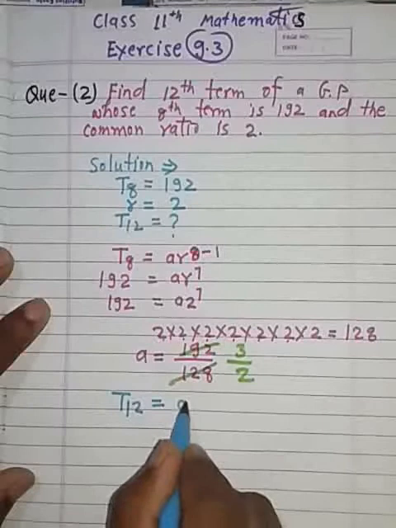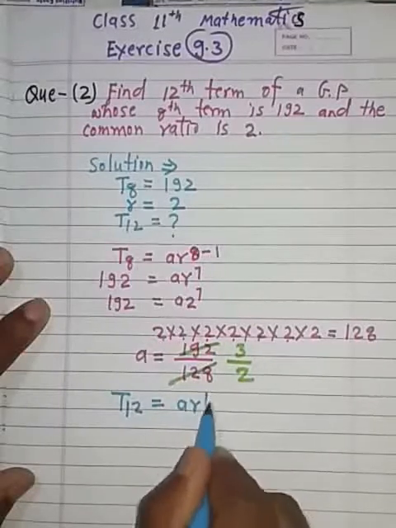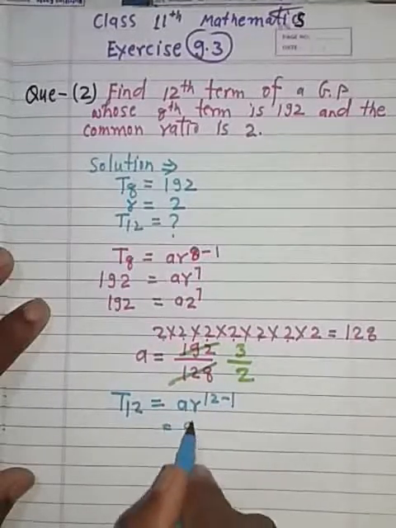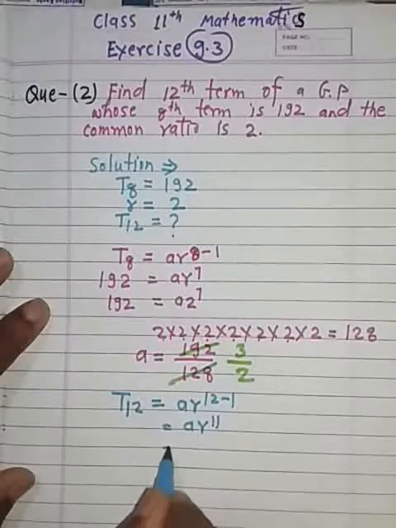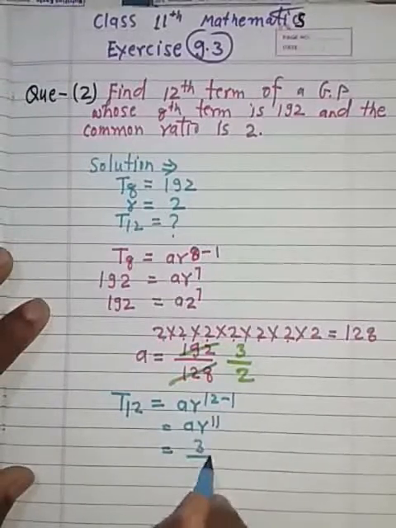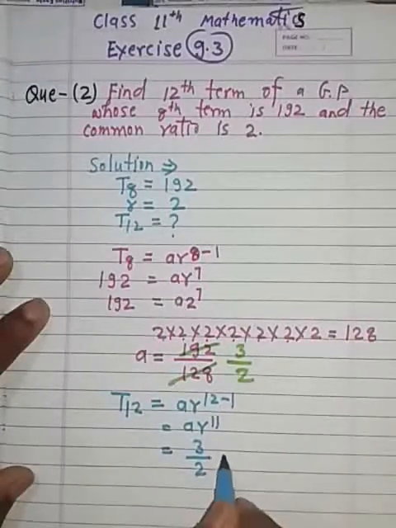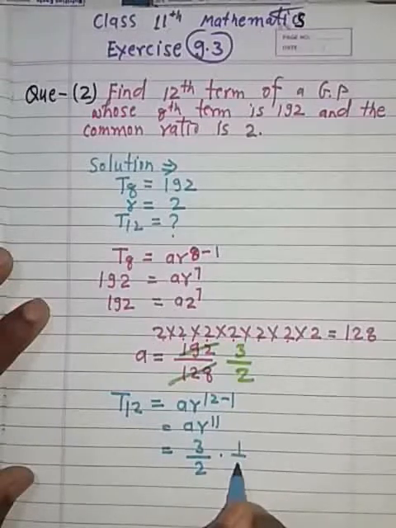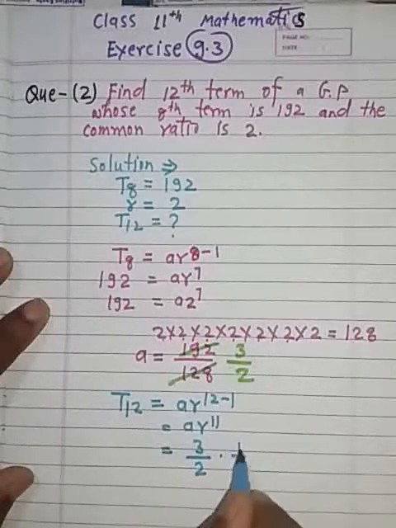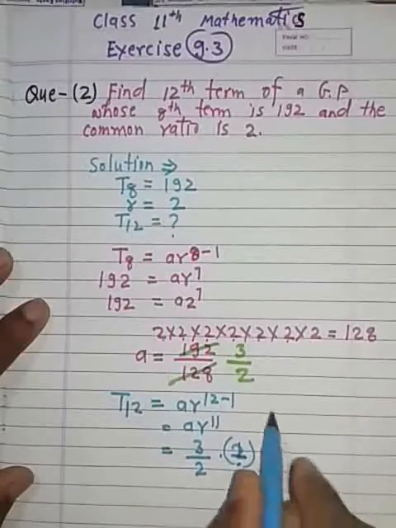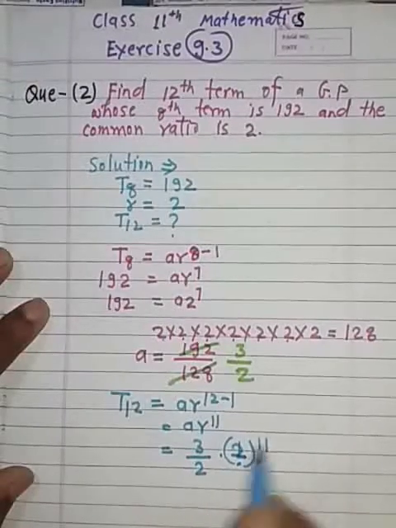Means A R to the power 12 minus 1, A R to the power 11, means 3 upon 2 is the value of A, and value of R is 2 to the power 11.